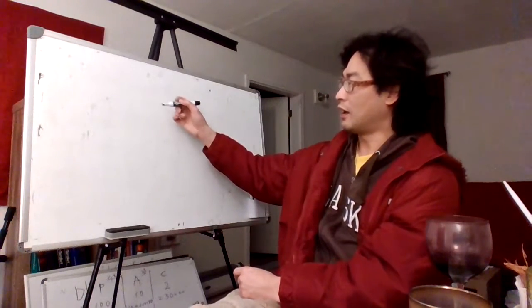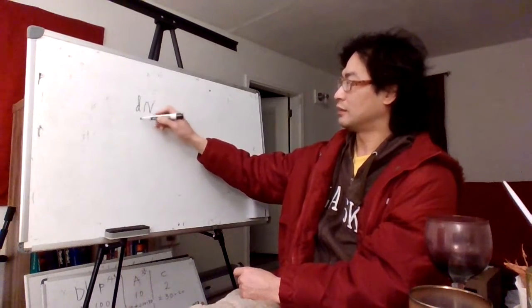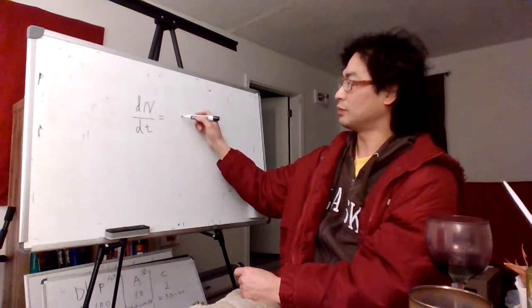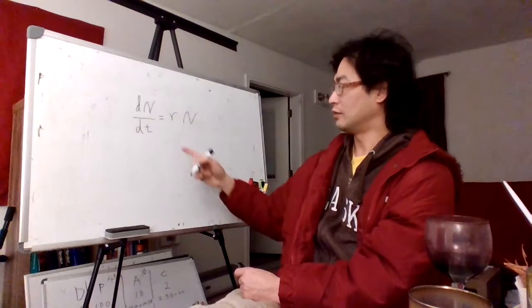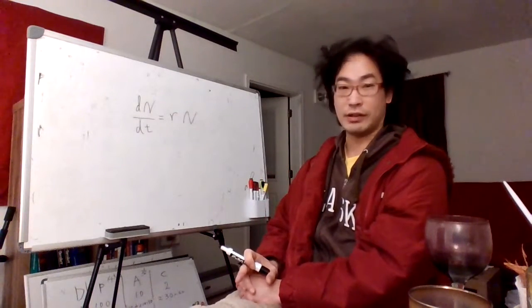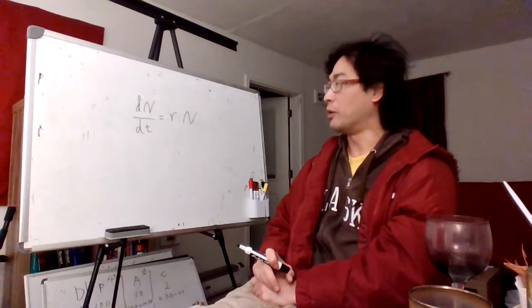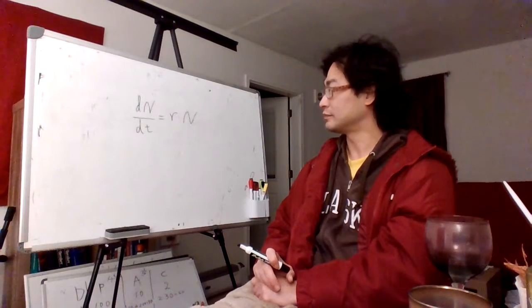Okay, so dN/dt is equal to r times N. What is r? It is the reproduction rate, like the number of children. What is N?